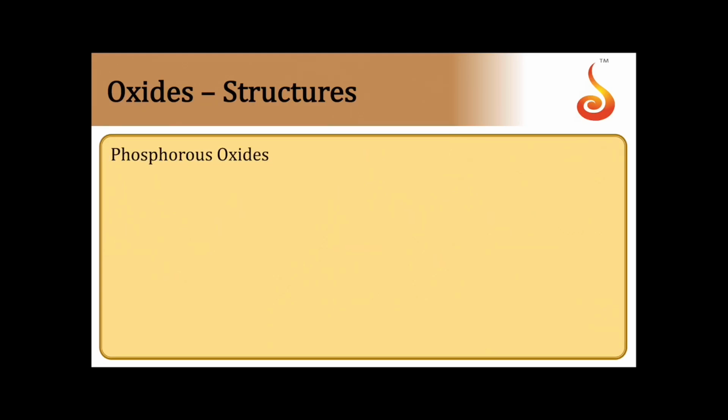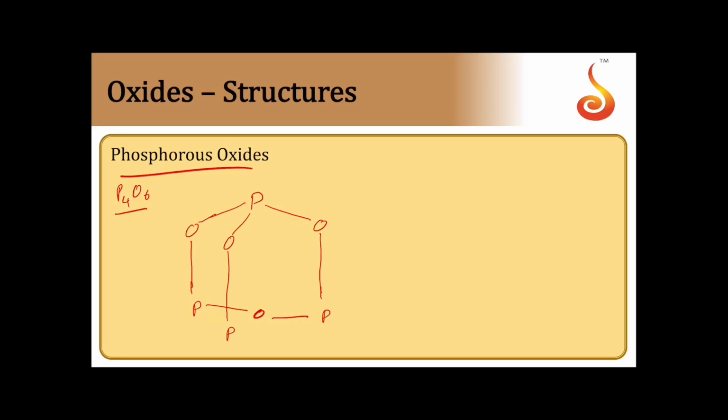When it comes to phosphorus oxides, take the trioxide of phosphorus, which has a P4O6 structure. So phosphorus, then oxygen atoms, which are tetrahedral, and again you have phosphorus here, phosphorus here, and between these two one more bond is present.